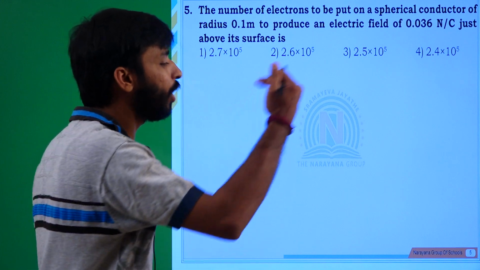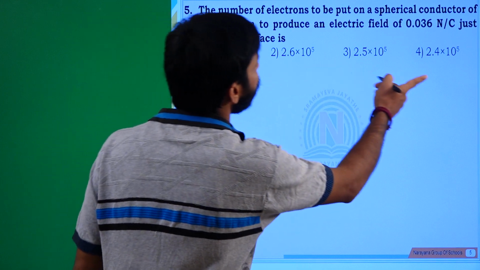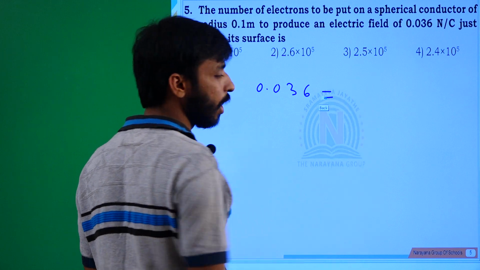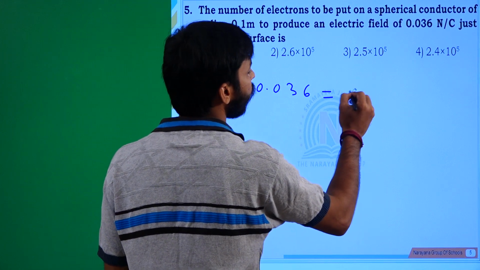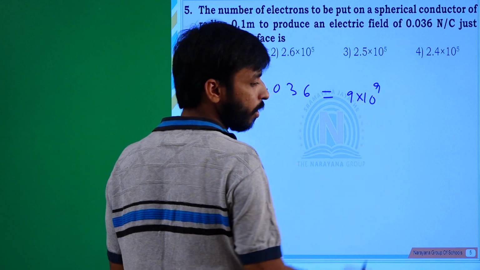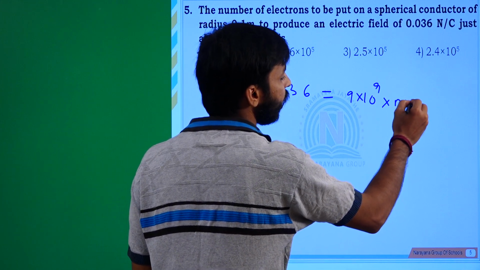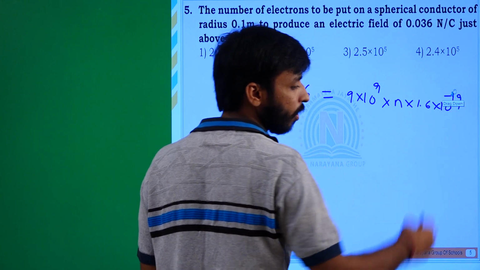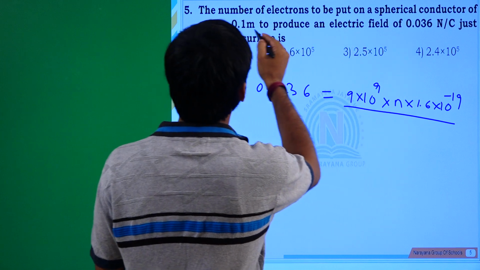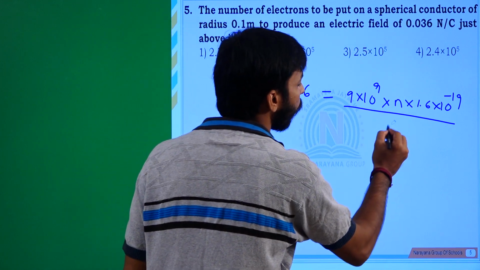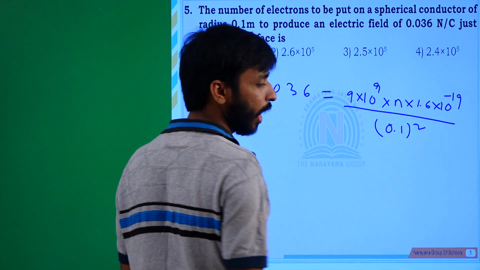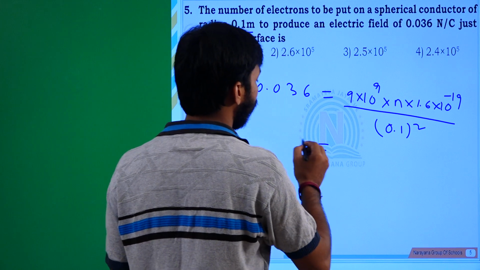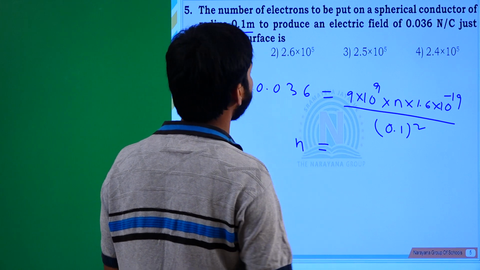So the given is directly 0.036 is equal to 9 into 10 power 9 into number of electrons n into charge 1.6 into 10 power minus 19, by 0.1 meters whole square. Using this we have to find n.